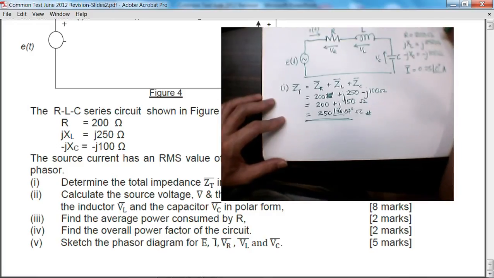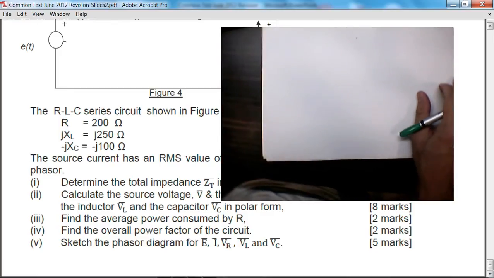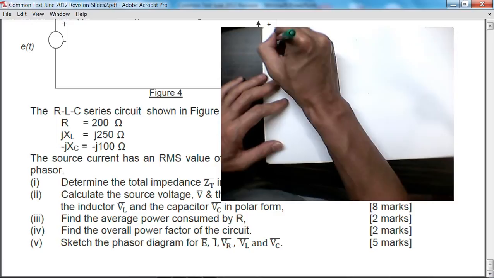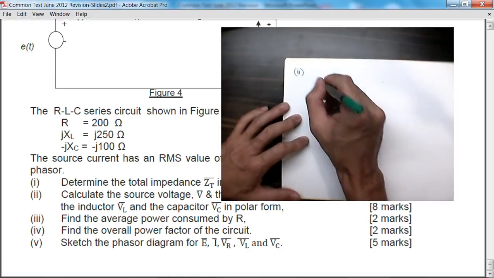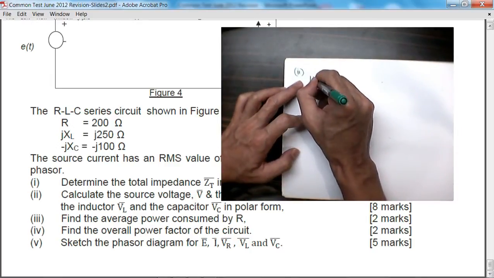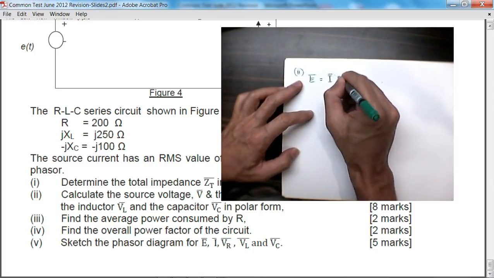Now next we want to calculate the source voltage and the voltage drop across the resistor, inductor, and capacitor. The supply voltage E can be computed from I times Z total.